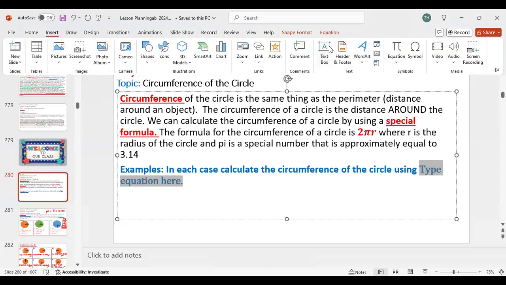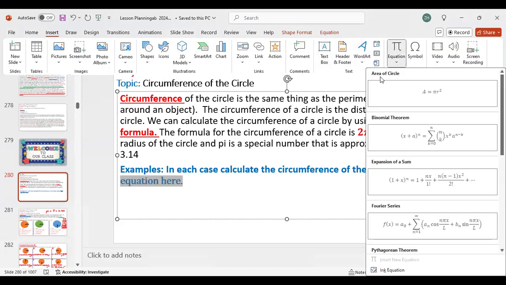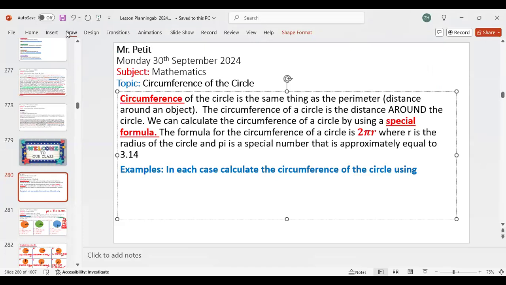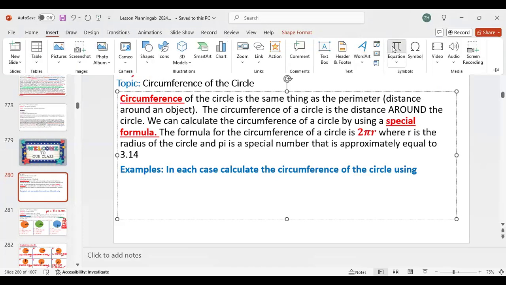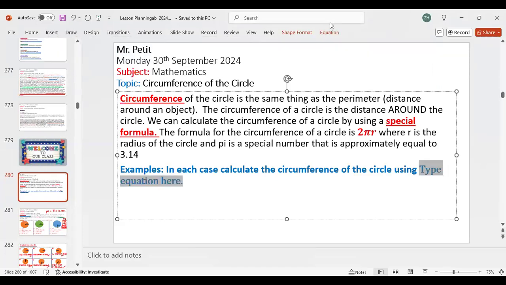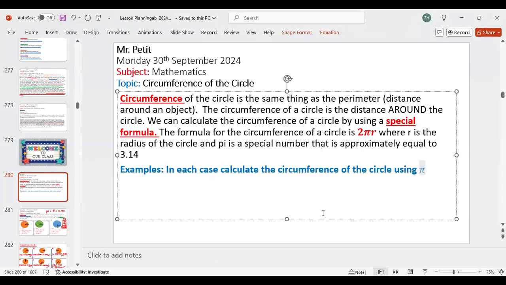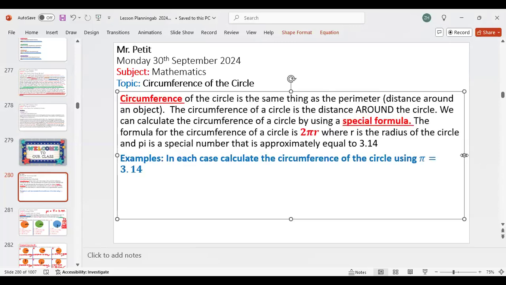So pi is going to be equal to, we're going to use pi as 3.14. All right, to start simple at first.